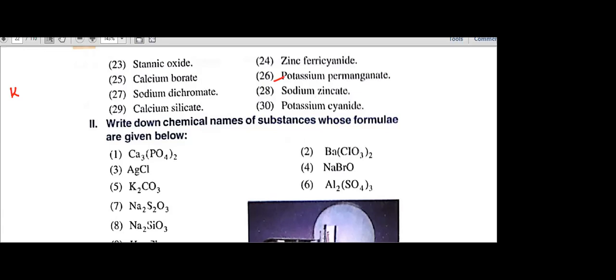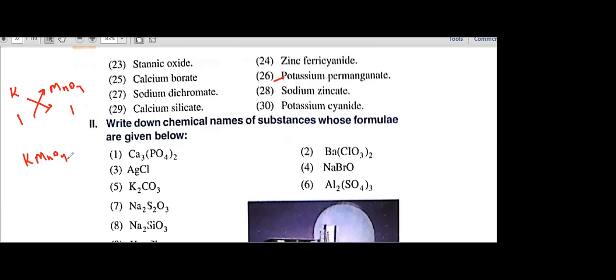Yes, sir, I got it. It is MnO4. And valency of potassium is 1, this also 1. So what would be the formula? KMnO4. Okay? Done?